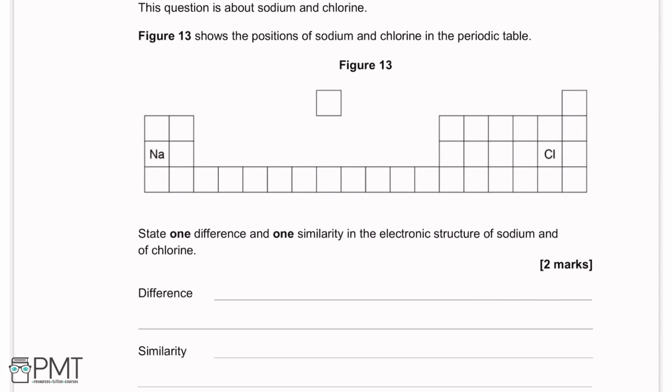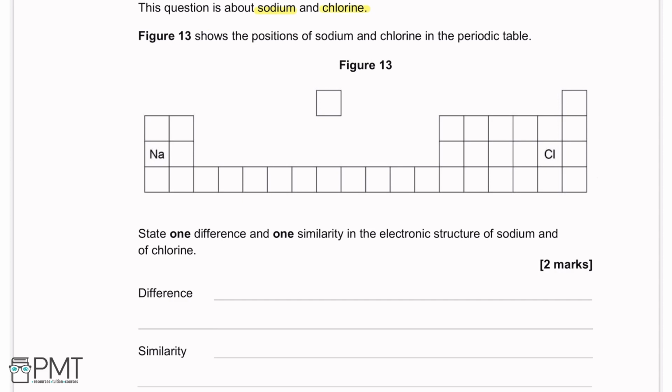This question is about sodium and chlorine. Figure 13 shows the positions of sodium and chlorine in the periodic table. So what we can see in figure 13 is we've got sodium here, Na, and chlorine here, Cl.